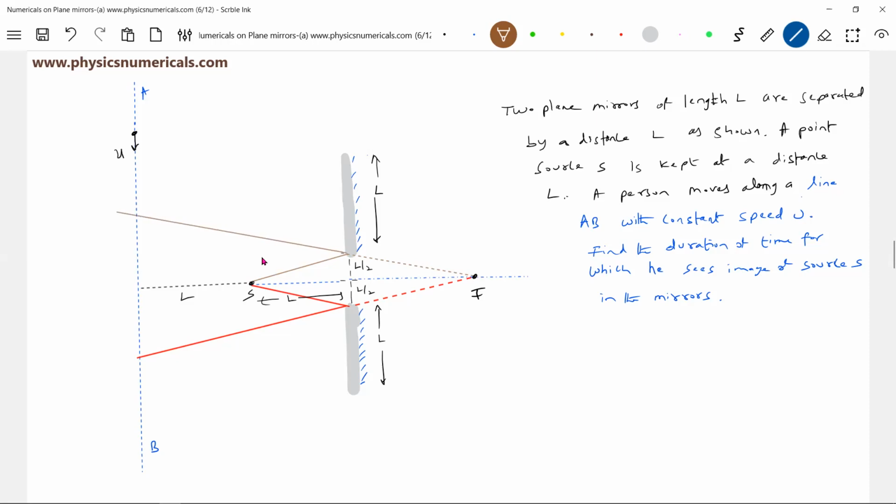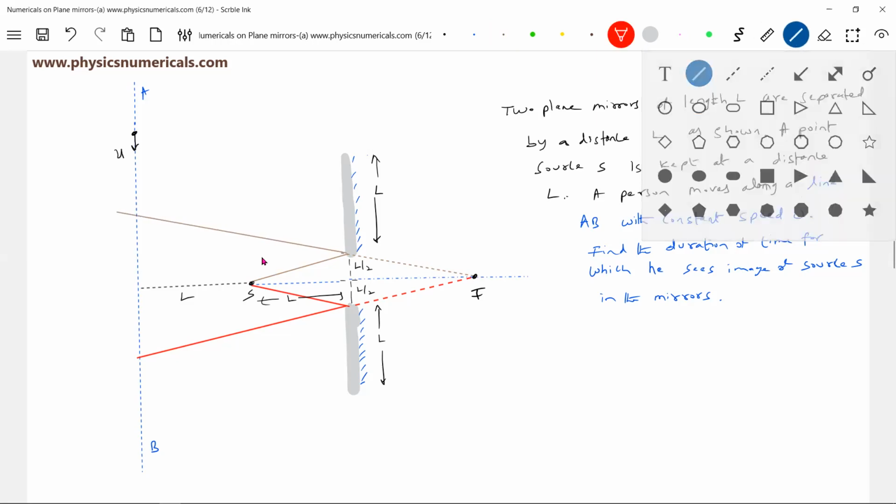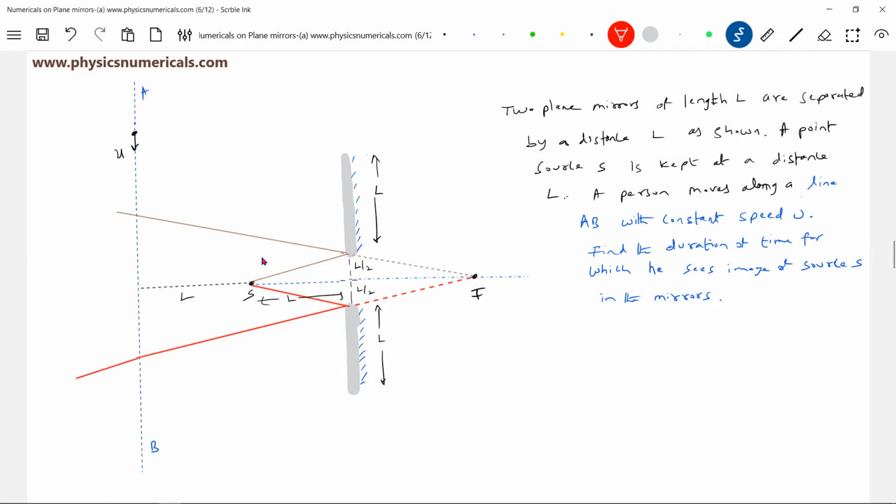I think you are able to see the reflected rays very nicely. This is the ray. Okay, there's a source. We'll take this as A, this point as B, this is P, let this be C, let this be D, and let this be E.